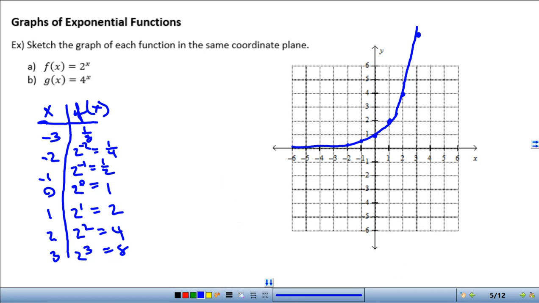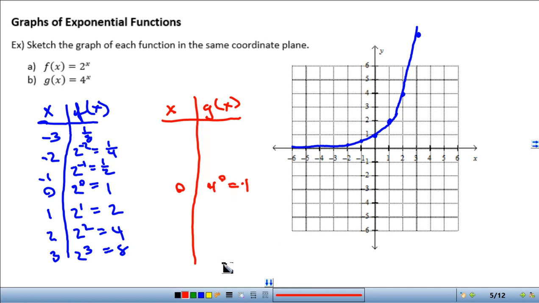Now, I can also do g of x. It's the same concept. So at 0, I have 4 to the 0 power, which is 1. At 1, 4 to the first power is 4. At 2, 4 to the second, 16.